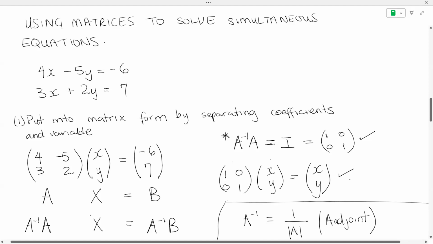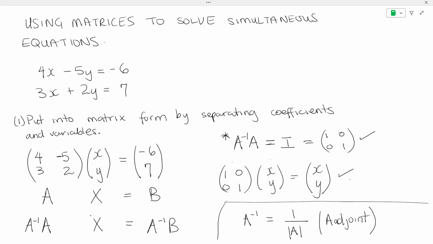The first thing you need to do is put it into matrix form by separating the coefficients and the variables. So you're going to put the 4, the -5, pay attention that it's -5 and not just 5, 4, -5, 3, and 2 in matrix format, which is right here. Right next to it in a column matrix, you're going to put X and Y in that particular format, or whatever the 2 letters are.